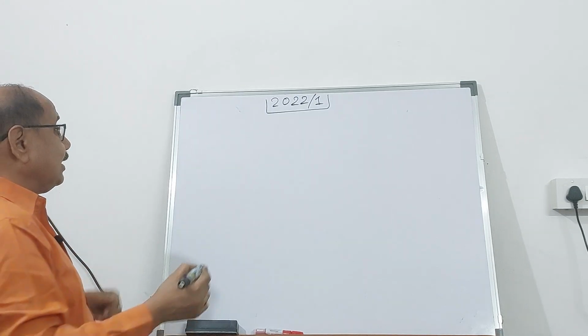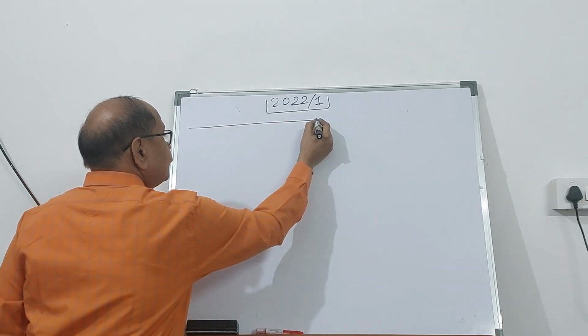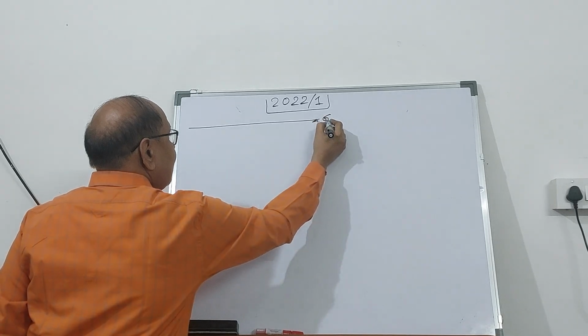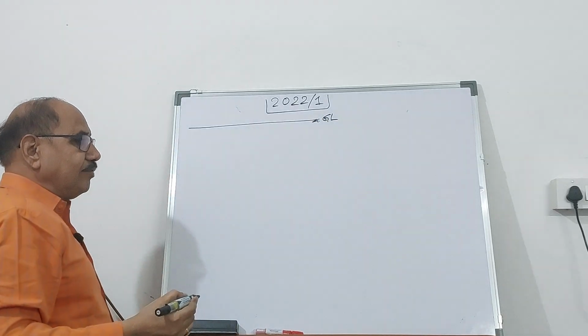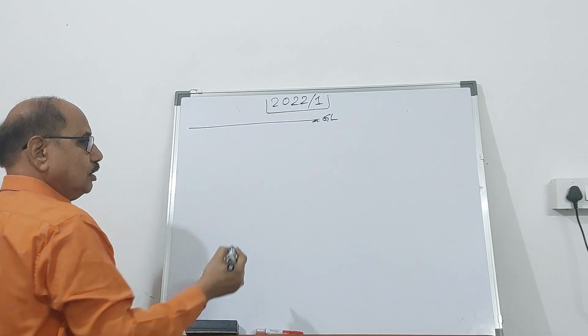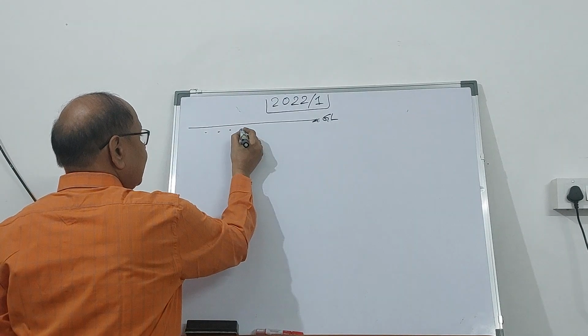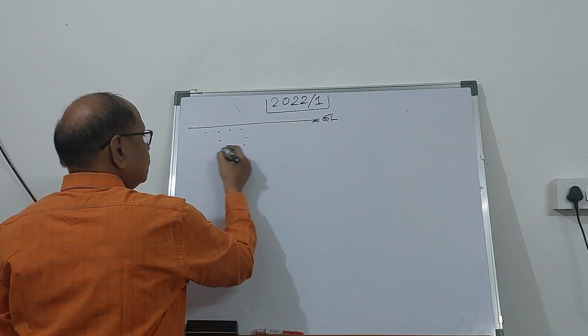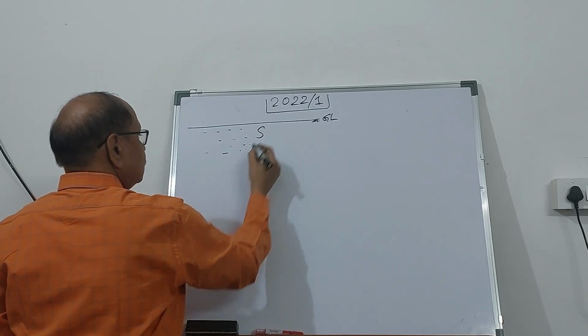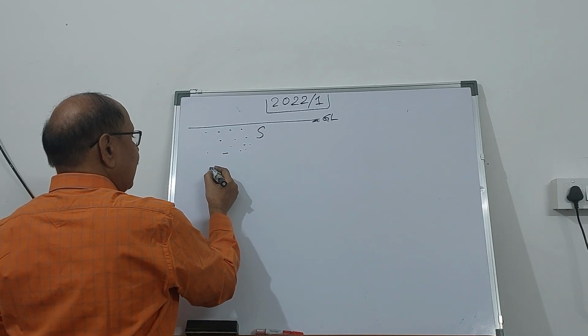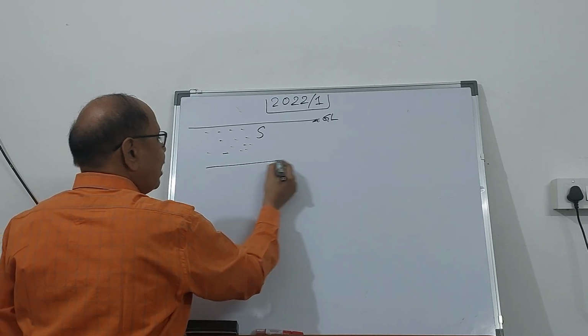We can see the figure here. This is the ground level and you have got sandy ground. So this is the sandy ground and you have a raft.